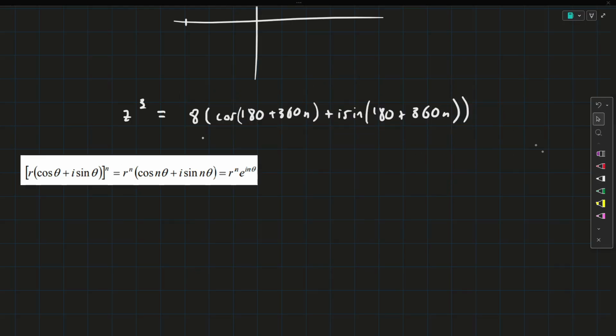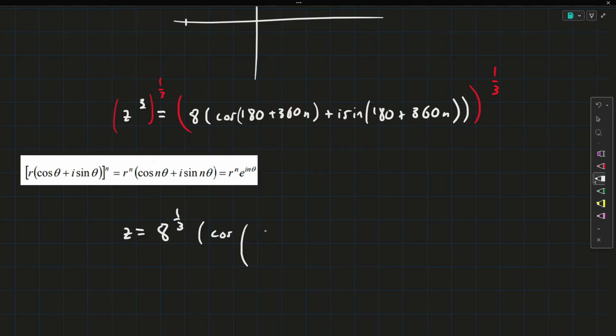So now to get z by itself, we can raise both sides to the power of a third. And then instead of having to figure out what the cube root of this big bracket is, we can use de Moivre's theorem. So z will be equal to, and we can just take the modulus to the power, so we'll have 8 to the power of a third. And then we're going to have cos, and we just multiply the angle by the power.